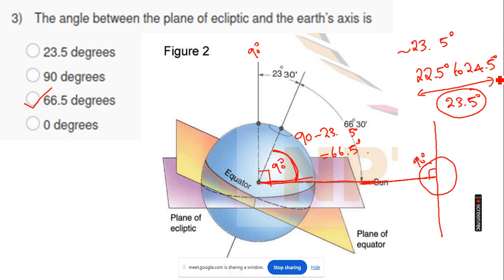Three different parameters were there. One of them is this change in axial tilt, which happens in 41,000 years actually. It is changing from 22.1 degrees to 24.5 degrees, and this happens over a time period of 41,000 years.